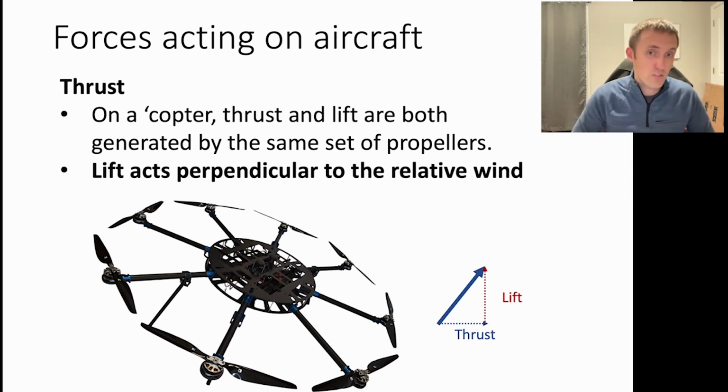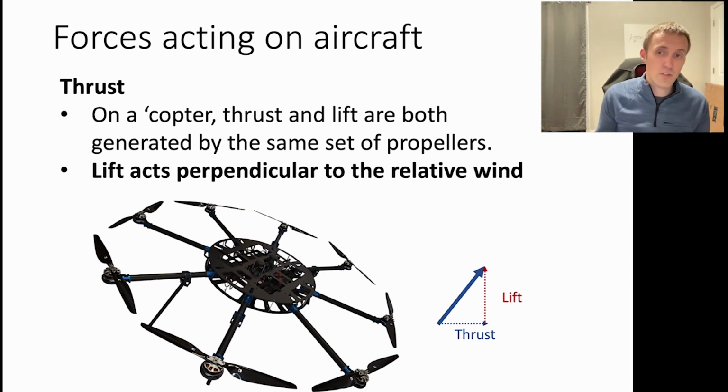And of course, the propellers are fixed. They're not rotating with respect to the aircraft. And so when the aircraft rotates, the propellers all rotate. And that rotation generates a component of the force that those propellers are producing that goes into the vertical motion, keeping the aircraft up in the air. And then a component goes into horizontal motion. And so that provides the thrust on your copter drones.